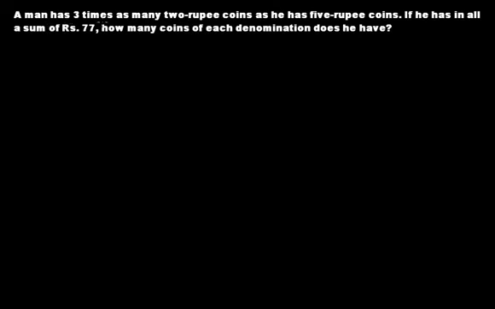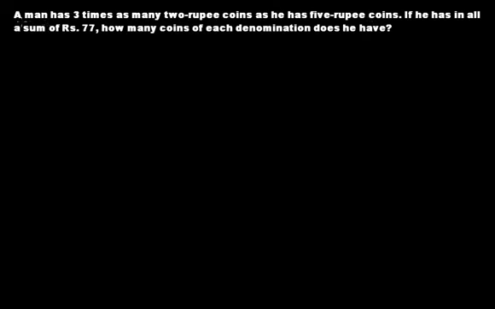A man has 3 times as many 2 rupee coins as he has 5 rupee coins. If he has in all a sum of rupees 77, how many coins of each denomination does he have? Each denomination means it's asking for 2 rupee coins and 5 rupee coins. Okay.